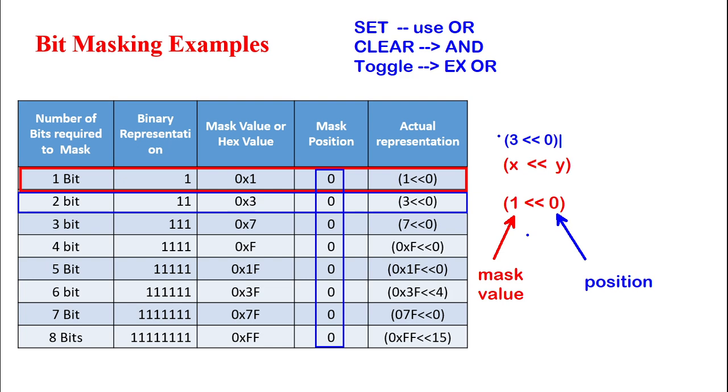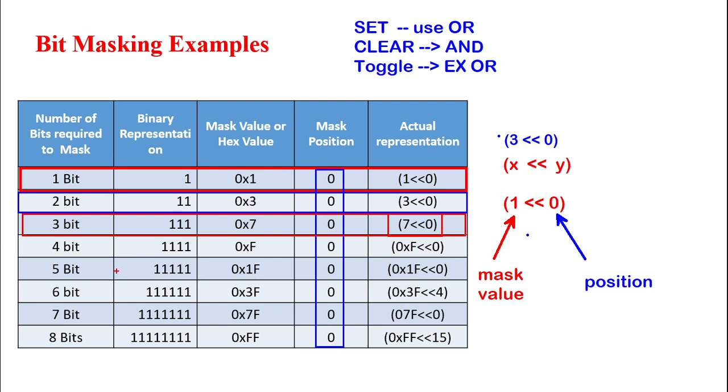Similar to that, for 3 bits, the binary representation is 111, and its equivalent hexadecimal value is 7. When you write it, it is going to be 7 left shift of 0.